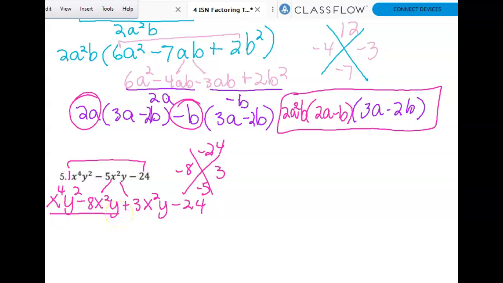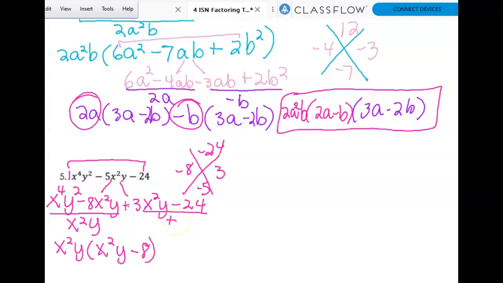So on the first one, is there an x in both terms? What's the lowest exponent? Is there a y in both terms? What's the lowest exponent? So I have x squared y, and that's, somebody help me here, we're going to get x squared y minus, the x squared cancels and the y cancels, so you get minus 8. So next, over here, I use the plus, right?